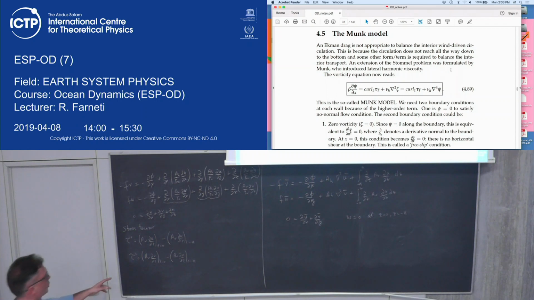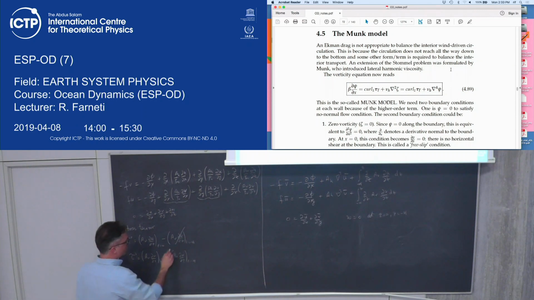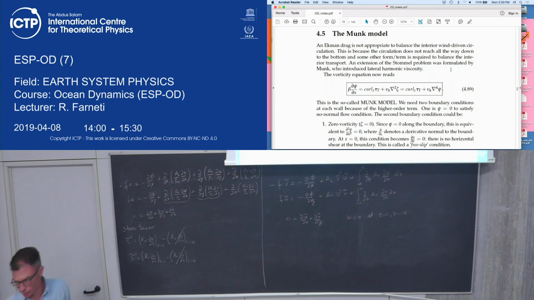Okay, so this is the definition of the stress tensor. But if we're talking about the surface stress tensor, we know that the value at z minus h is going to be 0. So we just have a component at the top.